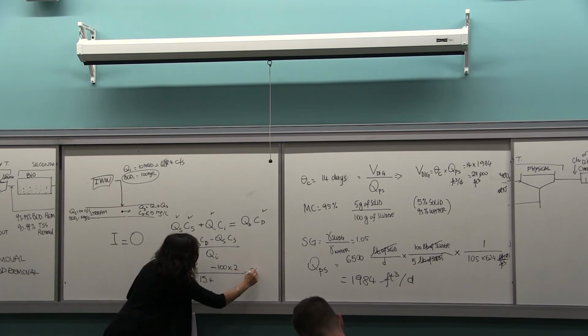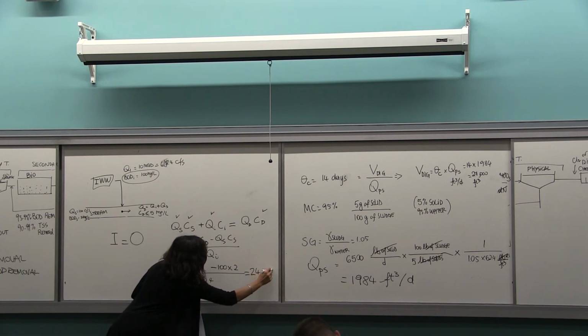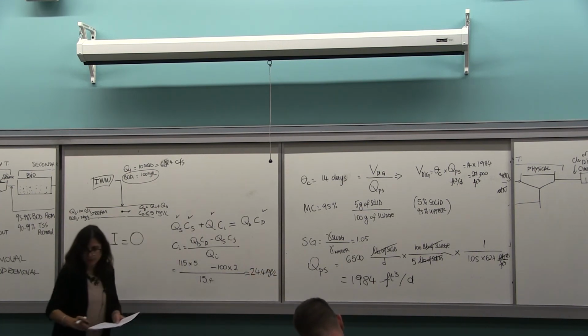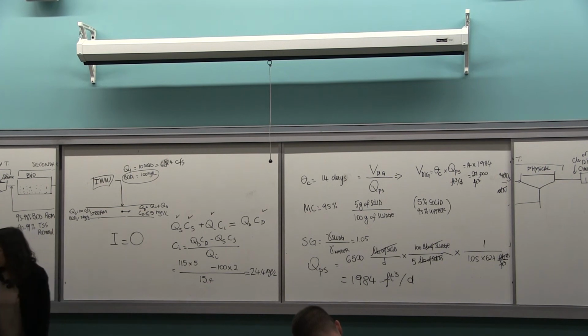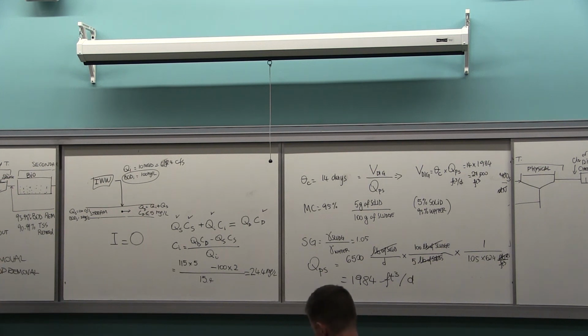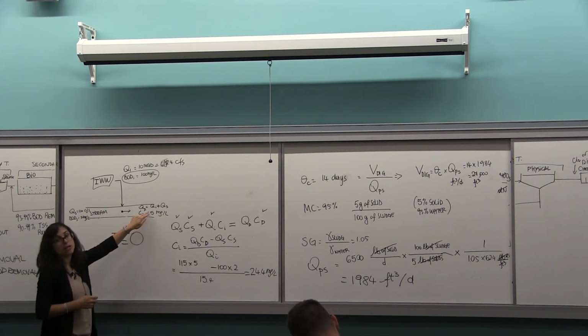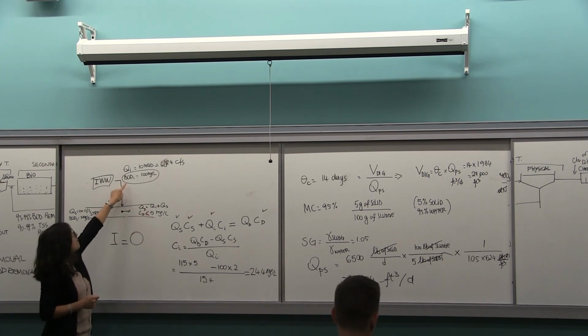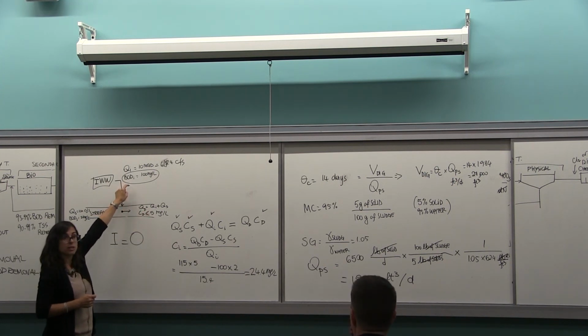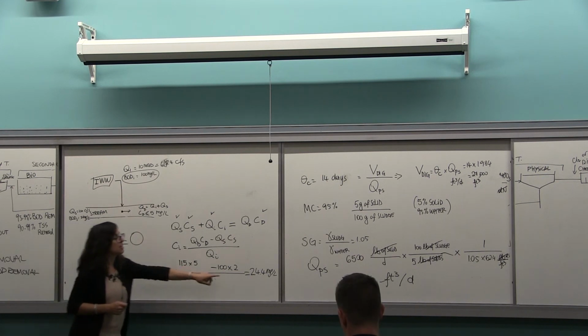To mix these two flows so that the overall mixture has a concentration of less than 5, the maximum concentration of BOD coming from the industry is 24.